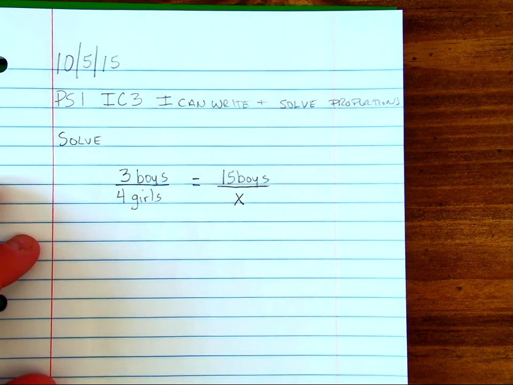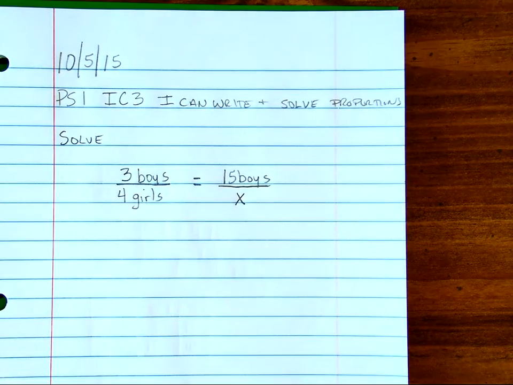So I have in front of you two equivalent ratios. I've got 3 boys to 4 girls is equal to 15 boys, but then we have to figure out how many girls there are. Now I recommend remembering this phrase, cross multiply.